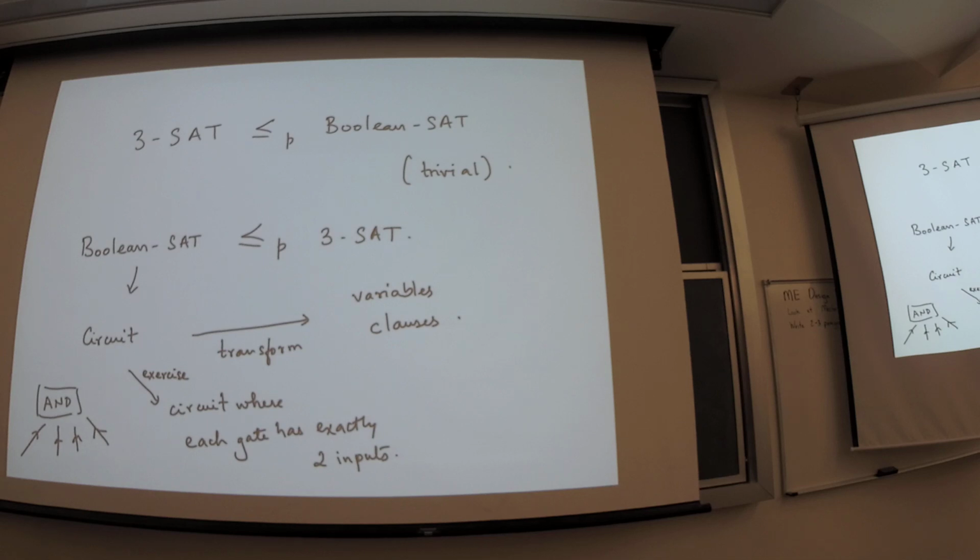The question is, how can you reduce a circuit where each gate has exactly two inputs to a 3-SAT formula, where you have some variables and some clauses?